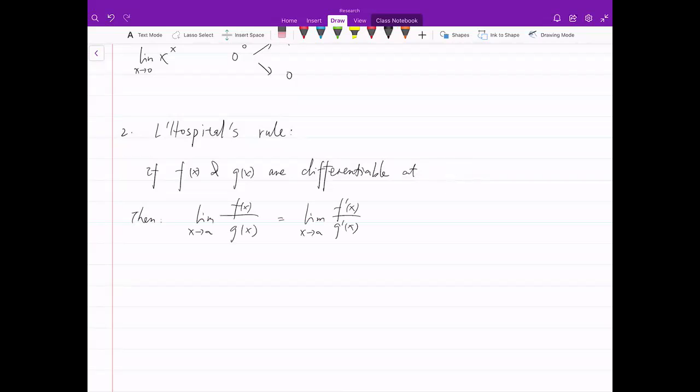I cannot say at x equal to a; they should be differentiable in an interval containing a. Okay. Then this will happen. That is called the L'Hopital's rule.